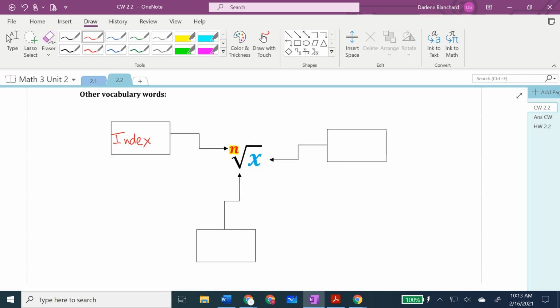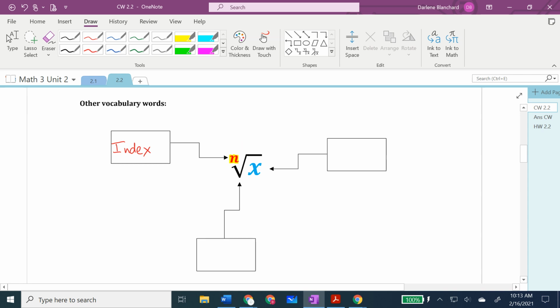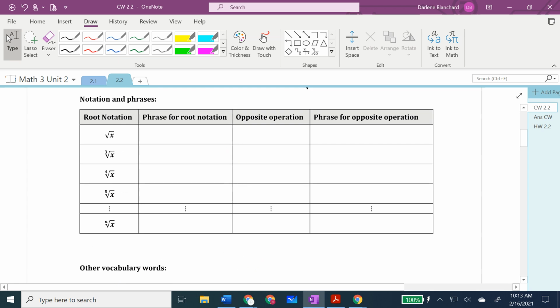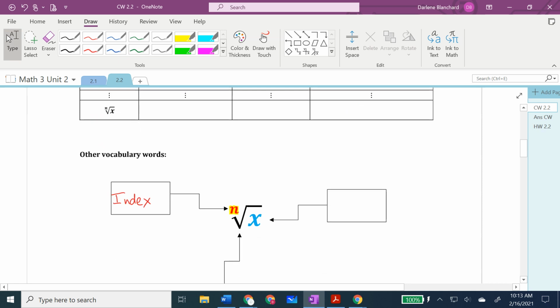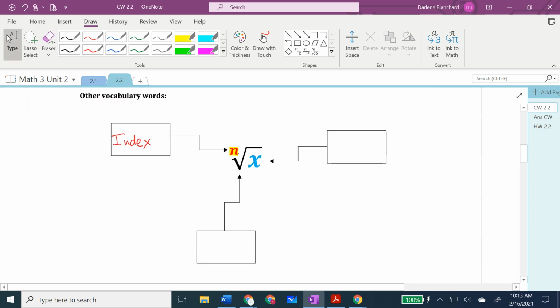And you just need to understand that that's referring to the number in the crease, which is the opposite of having that number as an exponent. Then the symbol itself is called the radical. The expression inside the root is the radicand.